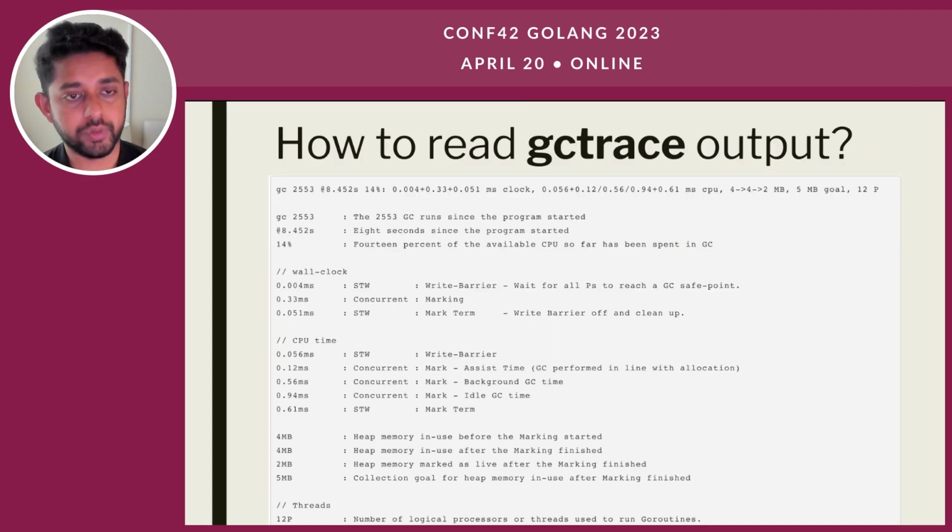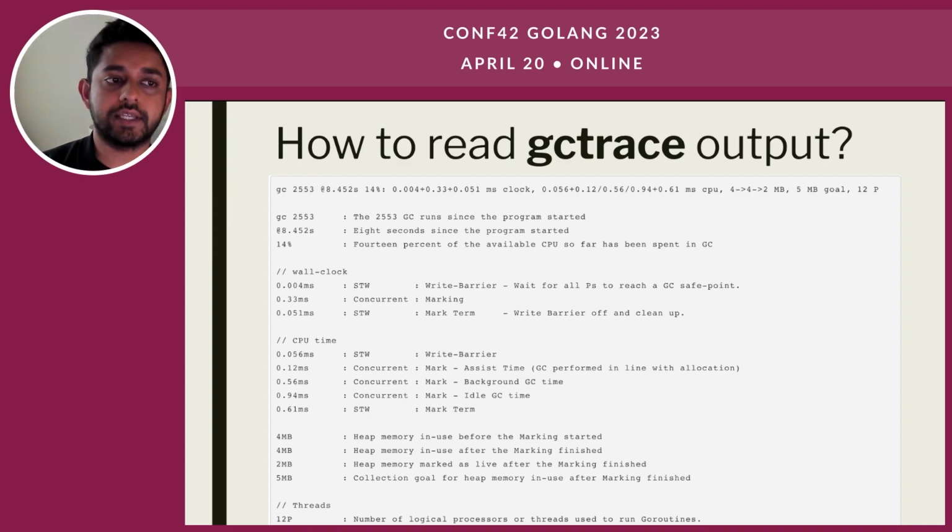So here's an example of what gctrace output looks like, with a detailed breakdown of every single component in there. Credits to Arden Labs here. If you want to find the blog post, you can just look up gctrace Arden Labs. That's how I found this screenshot. Taking a quick look at this, we see that gctrace gives us a lot of information.